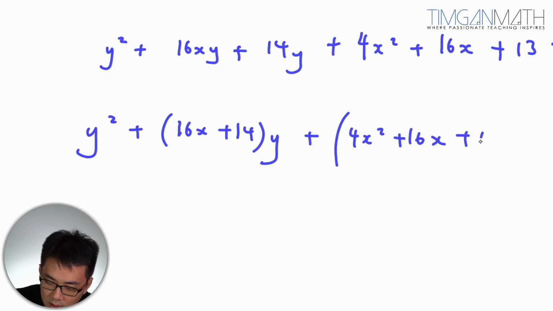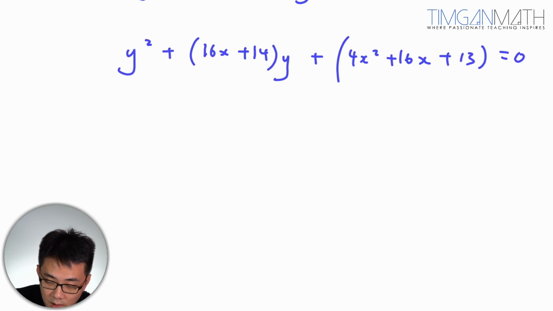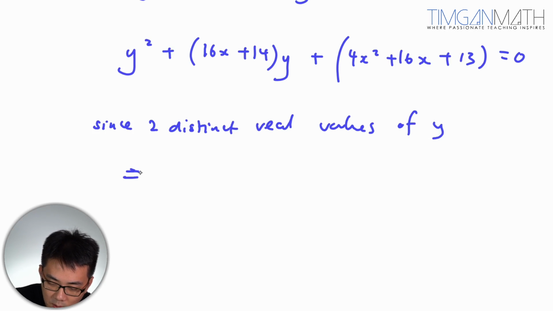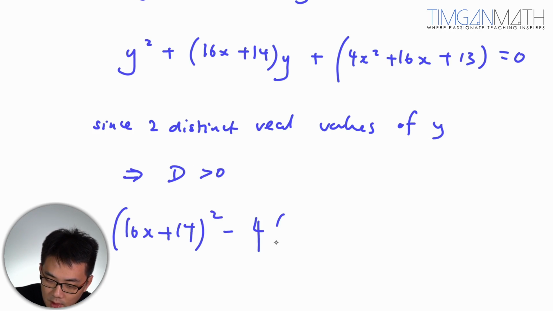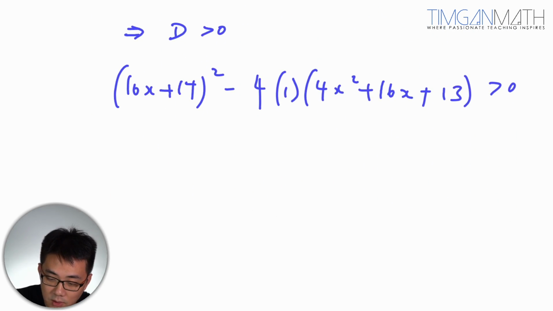Once you rearrange this, since there are two distinct real values of y, in other words, the discriminant would be more than 0, and in other words, 16x plus 14 squared minus 4ac would also be more than 0. So this case here is pretty okay. Once we've done it, we're just going to expand it, right?